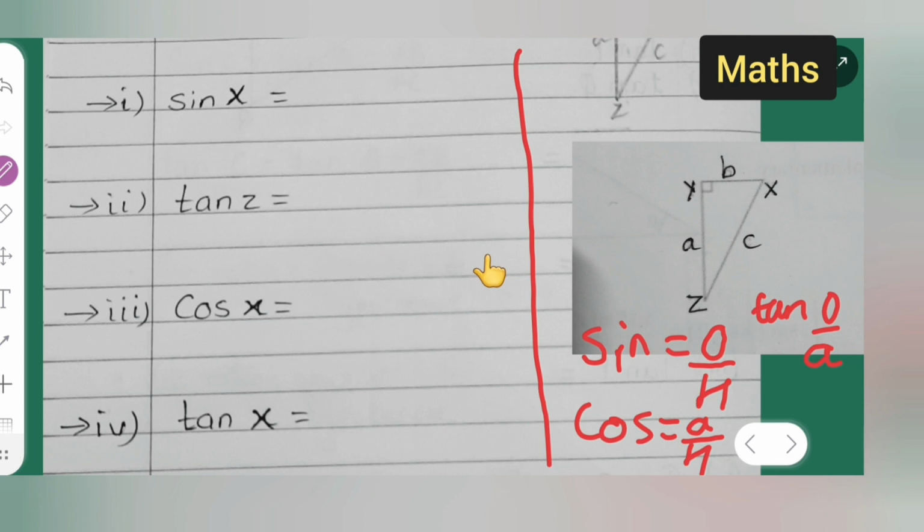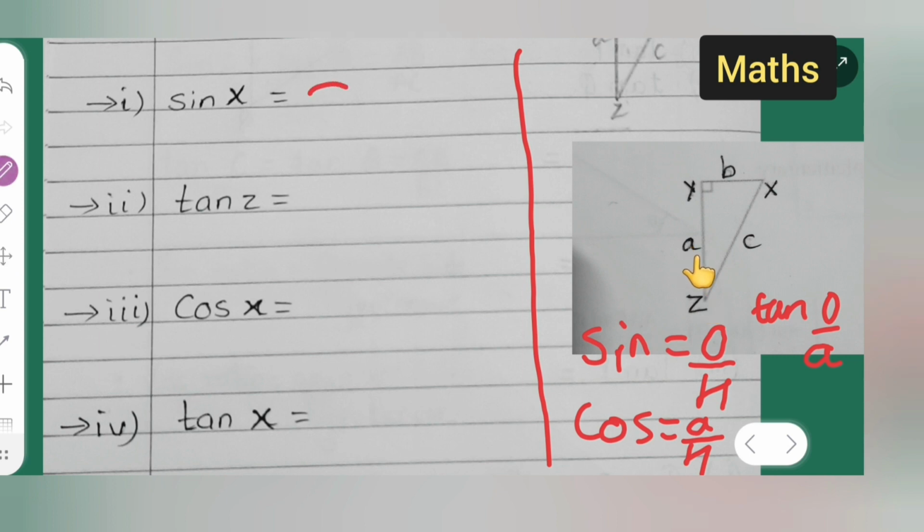So over here what you all need to do is take down this. Now we need to find out what is sine x. So what is the opposite of x? Opposite of x was nothing but yz, right? We have to take it as length a. What is yz? a.